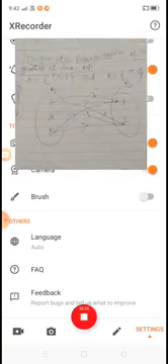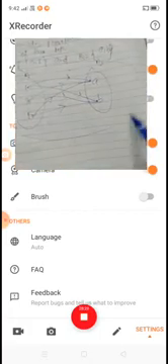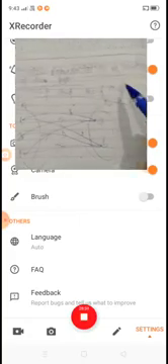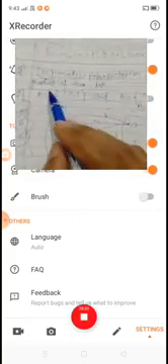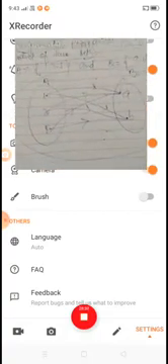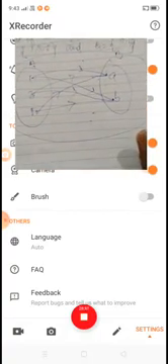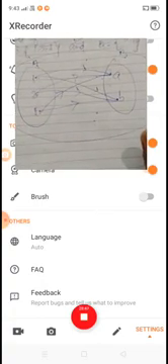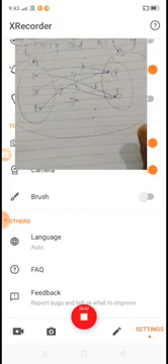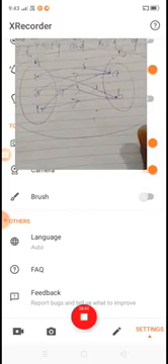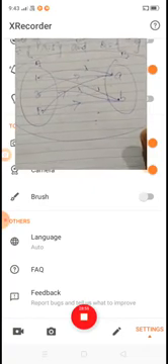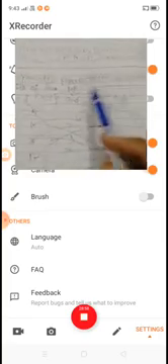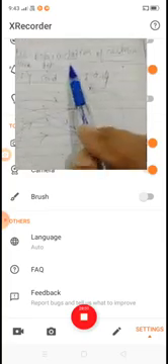This is the diagrammatic representation of the Cartesian product of two sets. Clear? So in this way you represent the Cartesian product by diagrammatic representation.